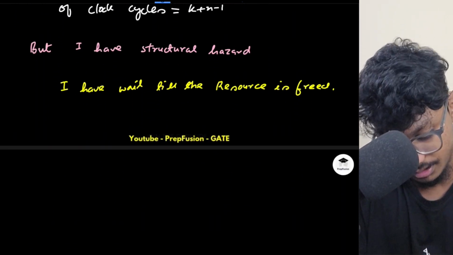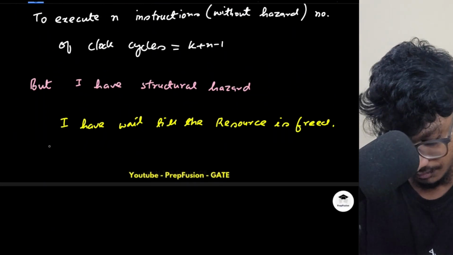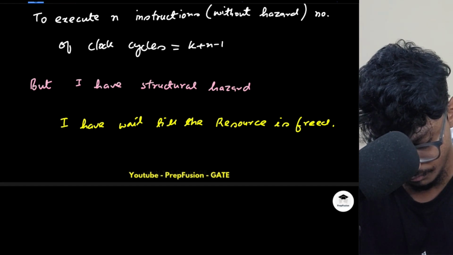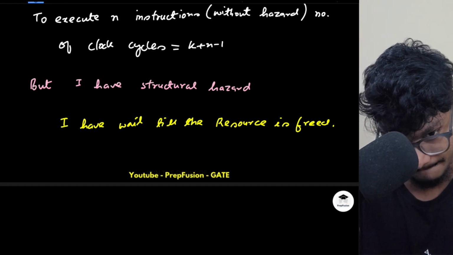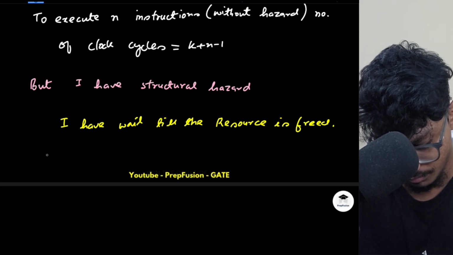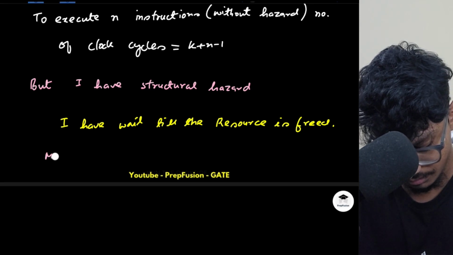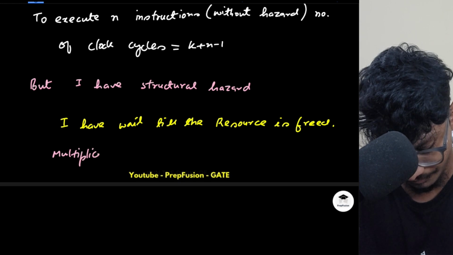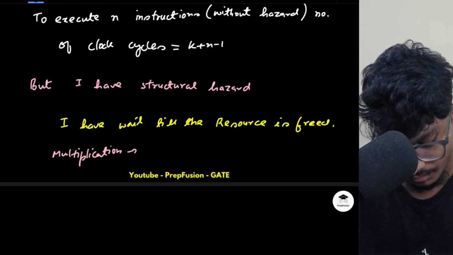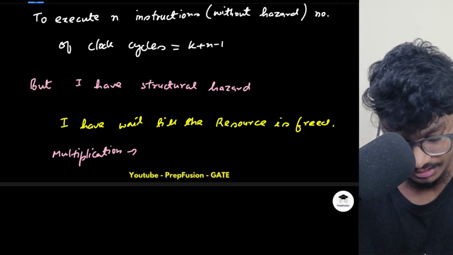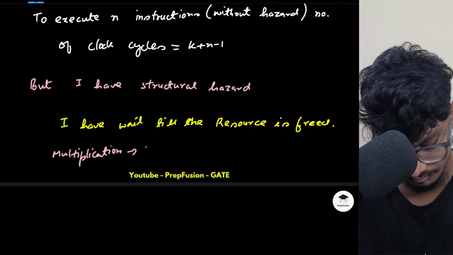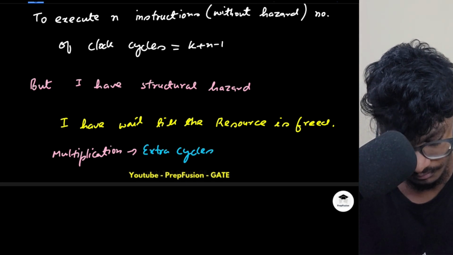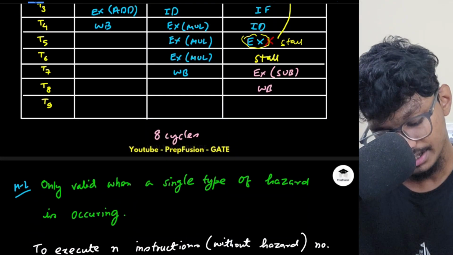So for multiplication, how many extra cycles am I taking?